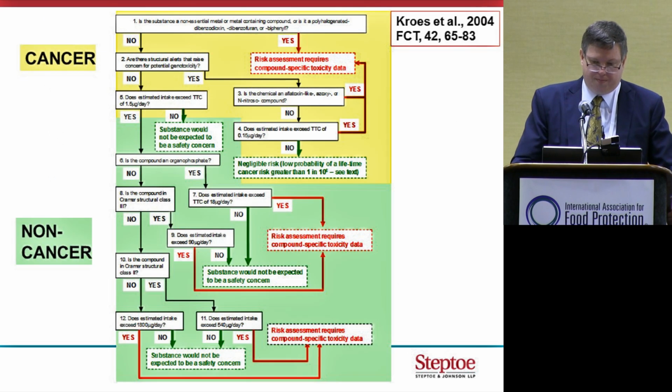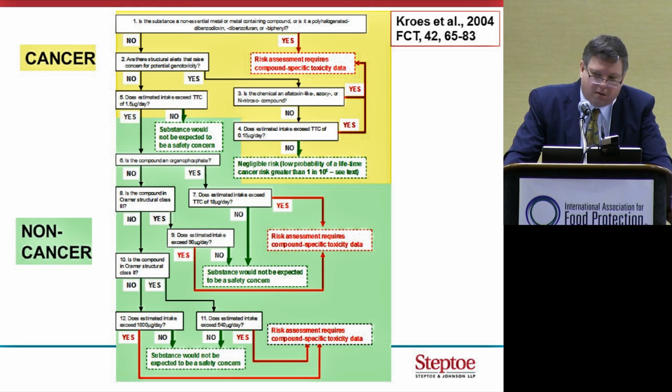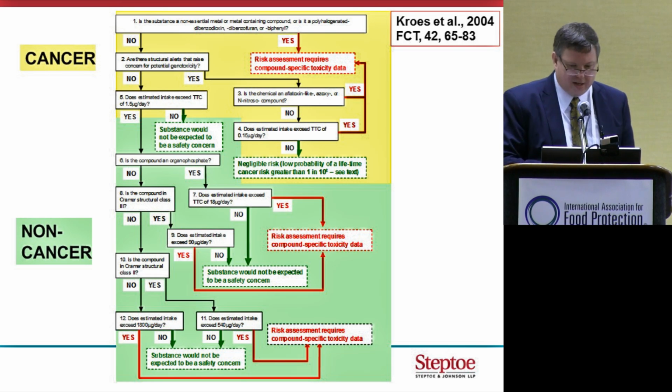And so this is the final product of the second ILSI Europe working group. It's in the Kroes et al. publication of 2004. It shows two different sections, cancer and non-cancer.